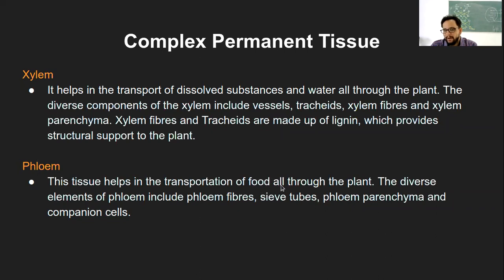So this is food along with water, because imagine after the process of photosynthesis the leaf has synthesized quite a lot of glucose. That glucose will get dissolved in water, and that will be carried to different parts of the plant, so that those cells can also sustain. So it is the transportation of the food along with water.